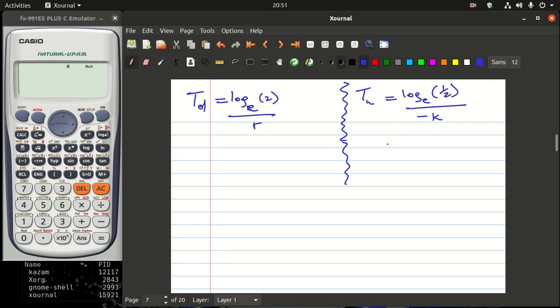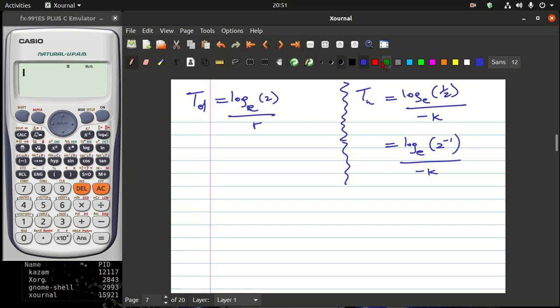Whenever you have this, you can see that it is the same as log e of 2 raised to minus 1, because 2 raised to minus 1 is the same as 1/2, and then you divide this by minus k.